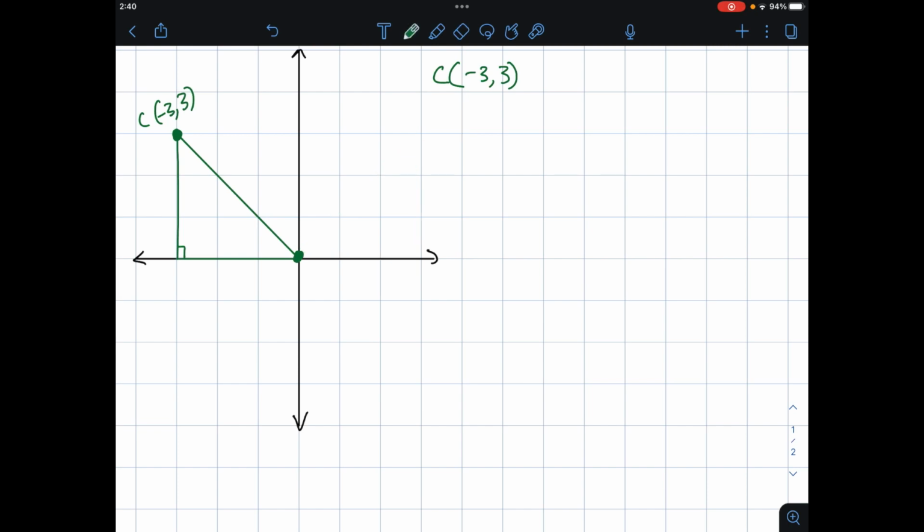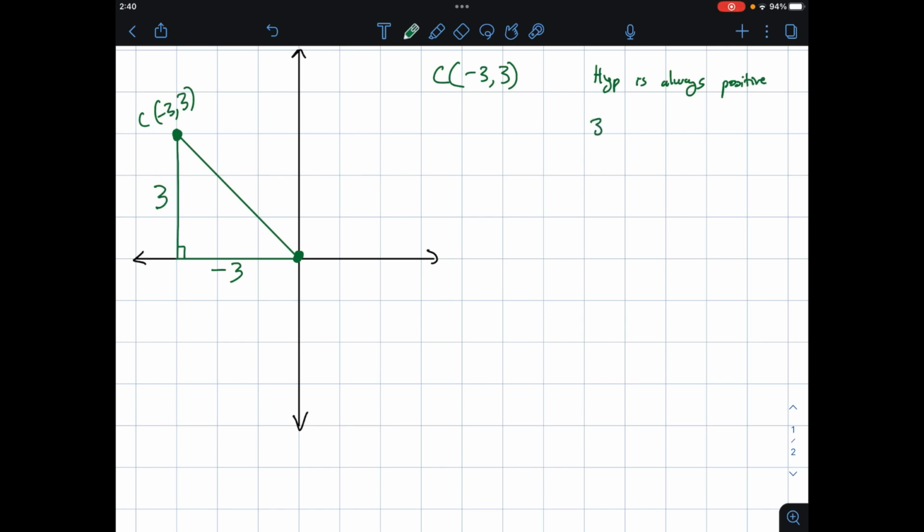And so we accept negative side lengths to be okay. And so we would say that the length of this side is 3. The length of the side on the x-axis is -3. But we also are going to make a rule that the hypotenuse is always positive. And there'll be a more important reason for that later on, I suppose.